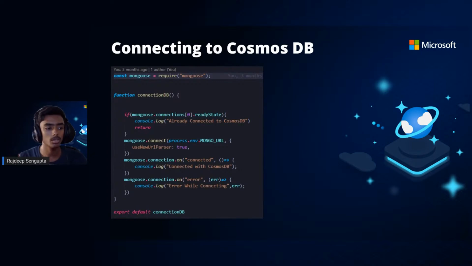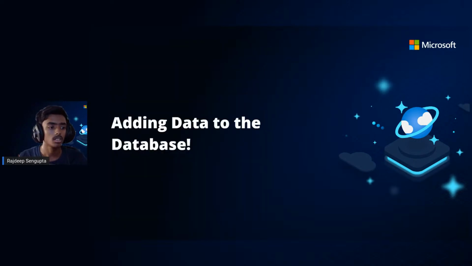Now after that, we are simply saying that if the Mongoose connection is connected, then we will just console log that it is connected to the database. And if any error occurs, we'll simply log that error while connecting, and the error itself. Now in the next part, we'll be adding some data to the database.